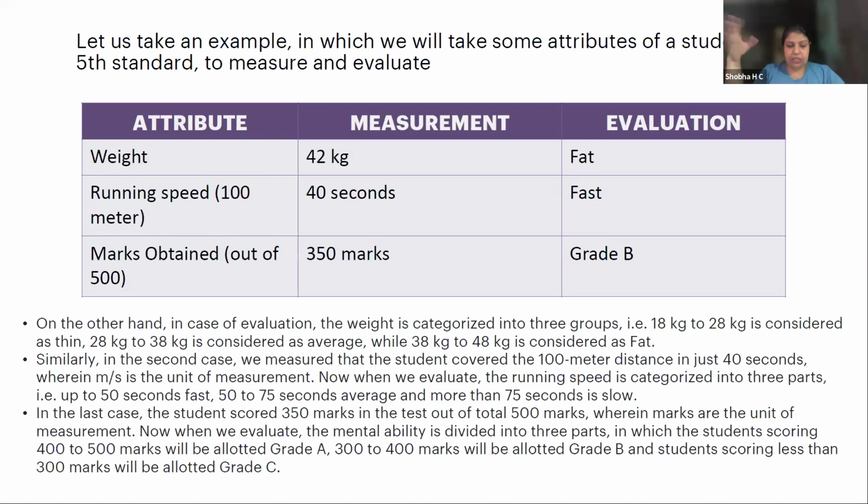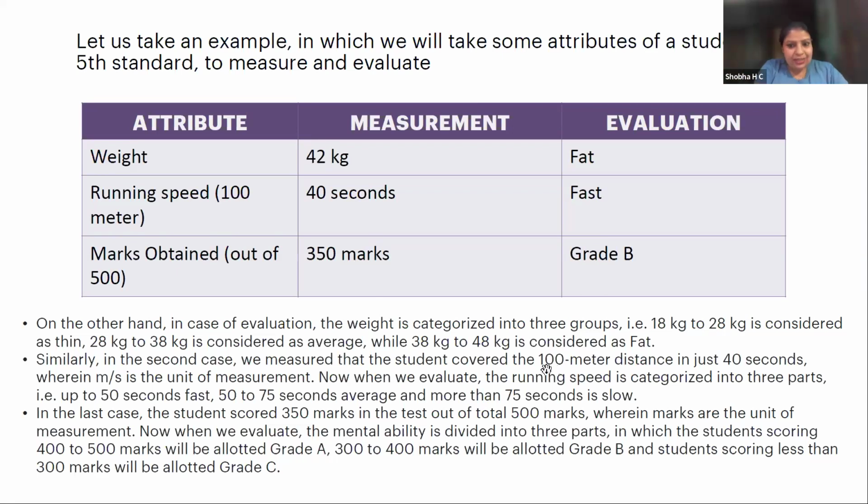Again, evaluation is fast. If you see the reasons also given, why is somebody considered as fat? Similarly, in the second case, you've measured that the student covered 100-meter distance in 40 seconds. So unit of measurement, and the running speed is also categorized into three parts: up to 50 seconds fast, 50 to 75 average, more than 75 seconds is slow.